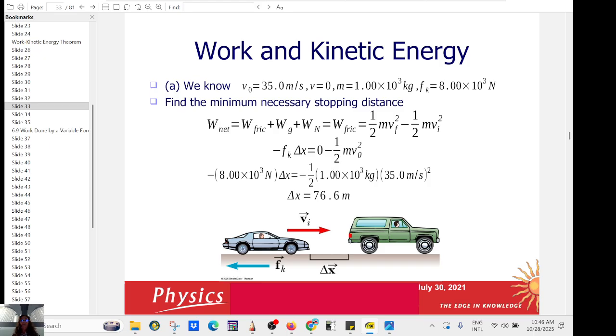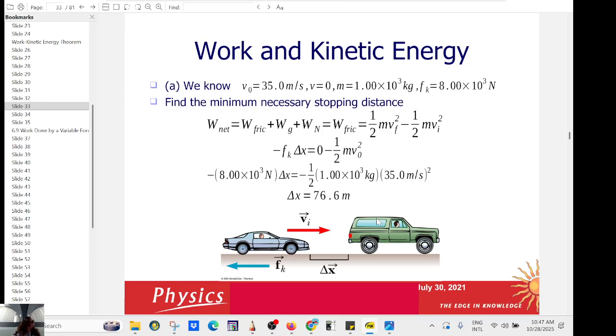So from that, you can find what's the distance before the car will stop. Okay, so that's why you need to keep your distance, because kinetic energy is proportional to the speed square. So it's a killer. It's huge. Okay, so the distance here has to be large enough if you do not want to crash.